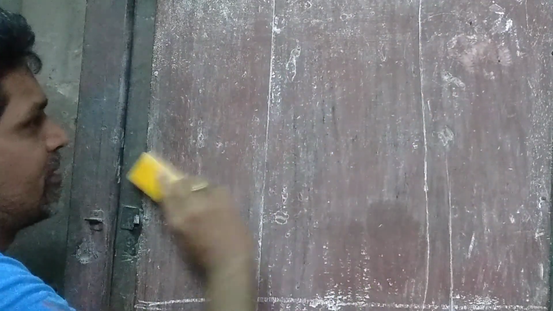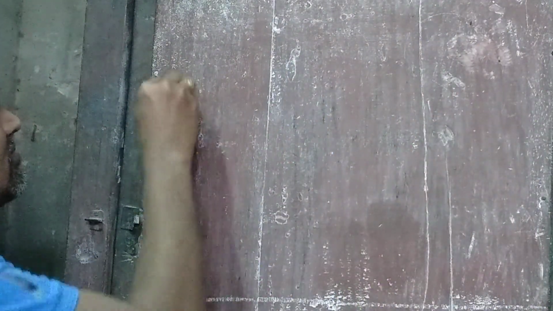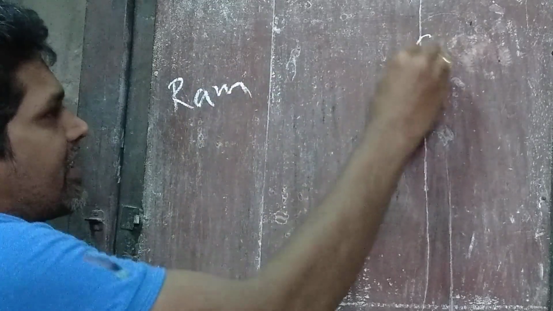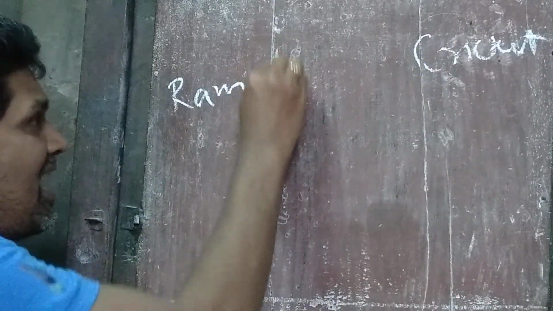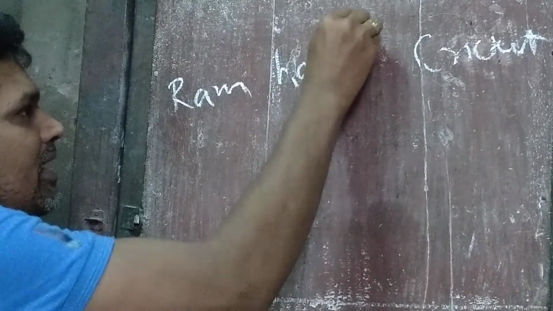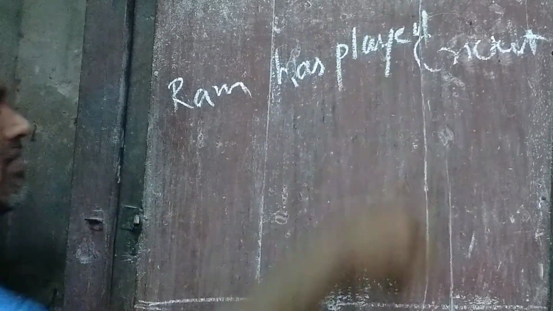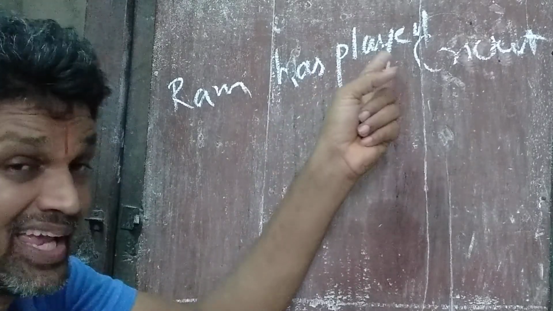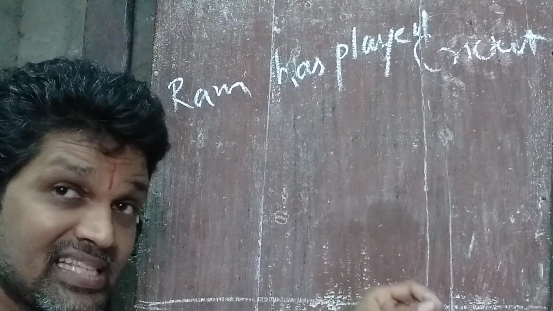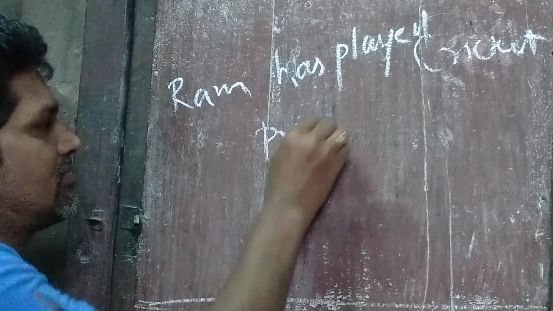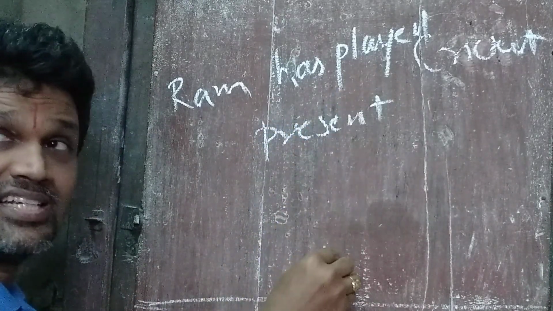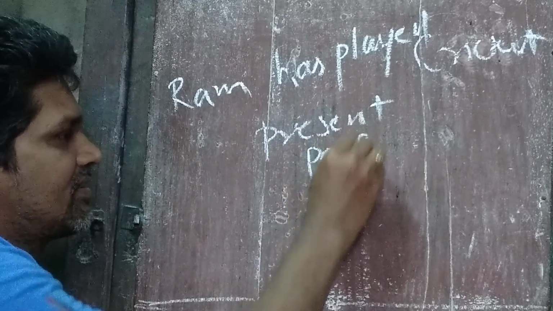And same example. Ram has played cricket. It is in present perfect form. Present perfect.